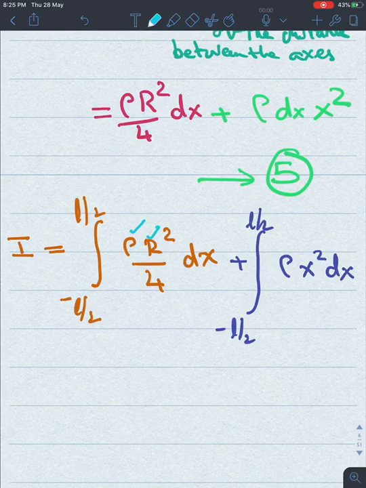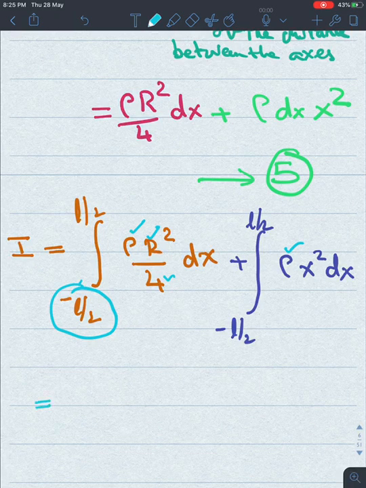Now we can see that rho and r are constants, including 4. Again, rho is a constant, so you can take it outside the integral. Not only that, we can integrate from 0 to L by 2 and multiply by 2.